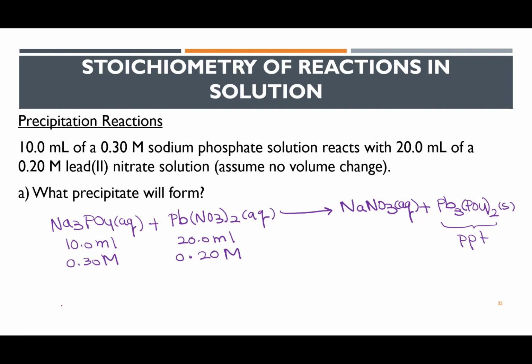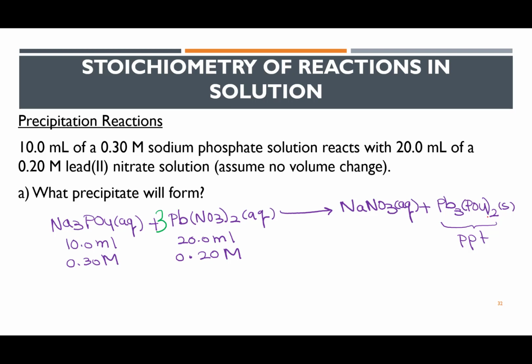We have 3 sodium on the reactant side, and we have 1 on the product side. If you look at lead, we have 3 lead on the product side, and 1 on the reactant side. That's why I'm going to add the coefficient 3 in front of lead(II) nitrate.